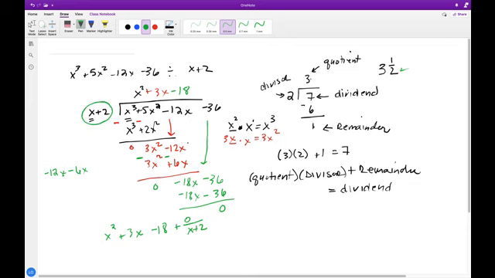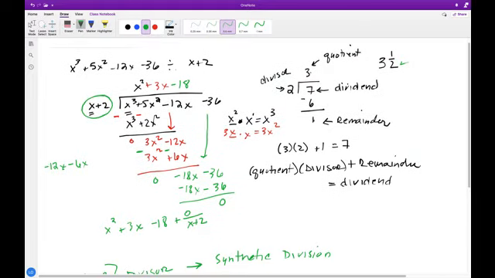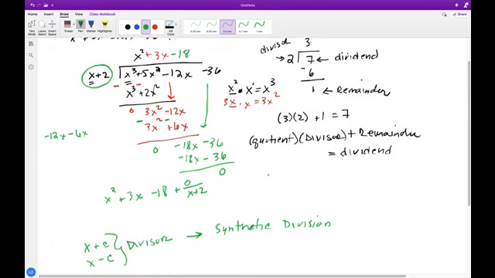So it has to be in the form of x plus something or x minus something. So your divisor has to be in this form to use synthetic division. So in this case, ours is. So we can set it up using synthetic division too. So let's go ahead and do that, and then you can have a good example of both to practice.